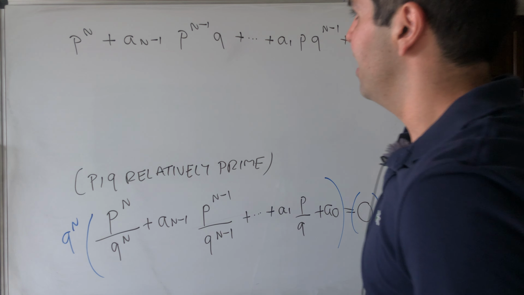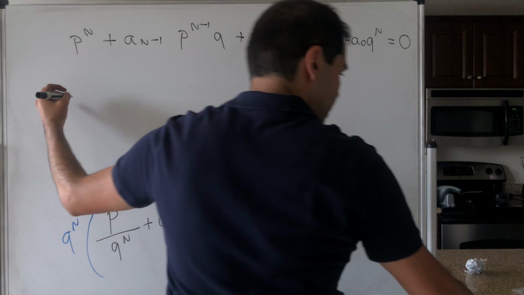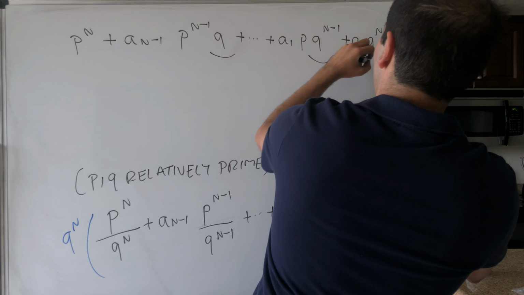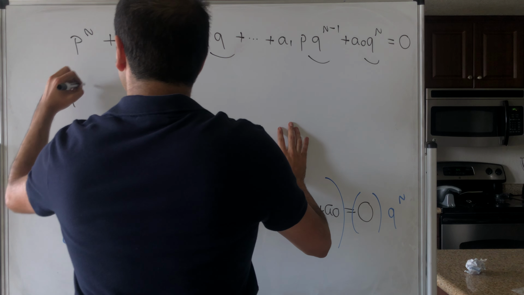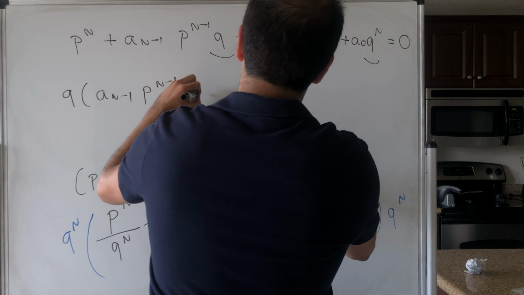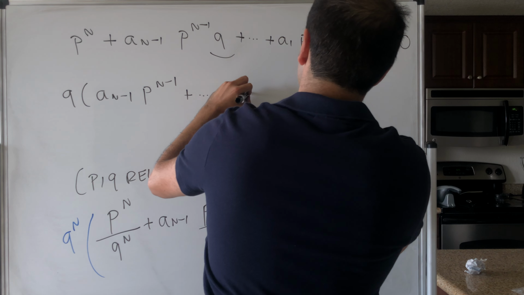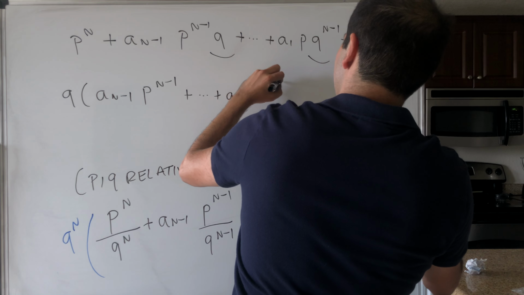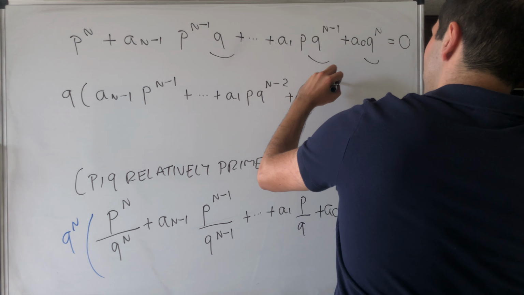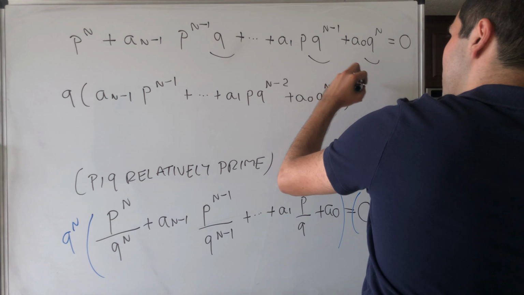Okay. Then we want to isolate this p to the n on the right-hand side. Again, the nice thing is that everything has a common factor of q, so q times a_{n-1} p to the n minus 1 plus dot dot dot plus a1 p q to the n minus 2 plus a naught q to the n minus 1 equals minus p to the n.